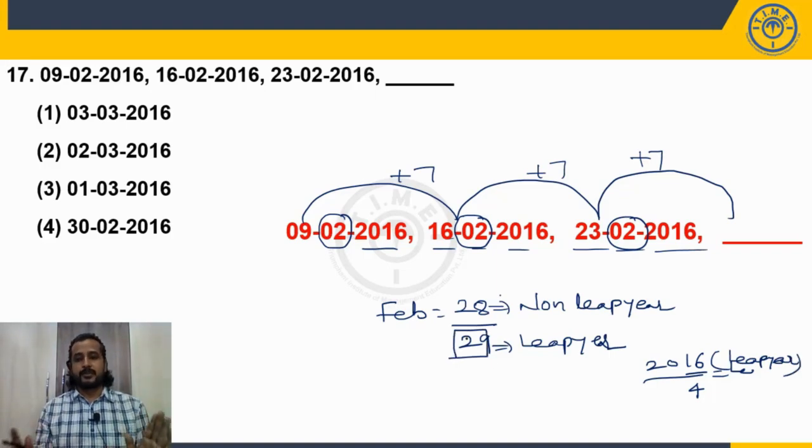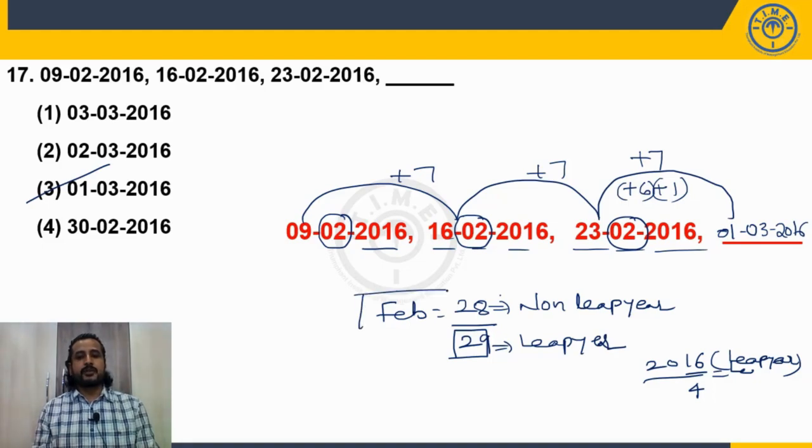29 days only. So I can write the 7 in the form of plus 6 plus 1. 23 plus 6 is 29, which is absolutely okay, and one more day leads to 1st March 2016. So the answer is 01/03/2016, that is choice 3.